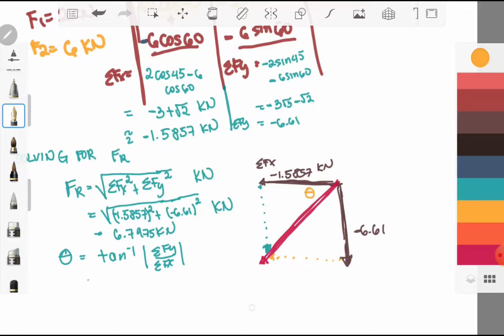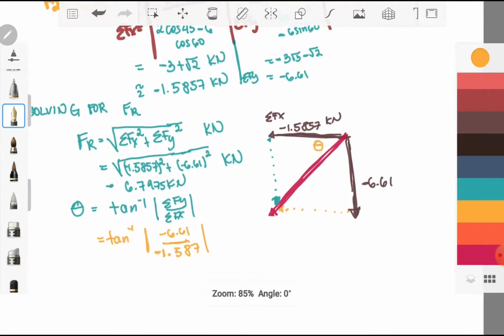So theta is equal to tan to the negative 1 of negative 6.61 divided by 1.587. Take note that the coordinates are both negative.